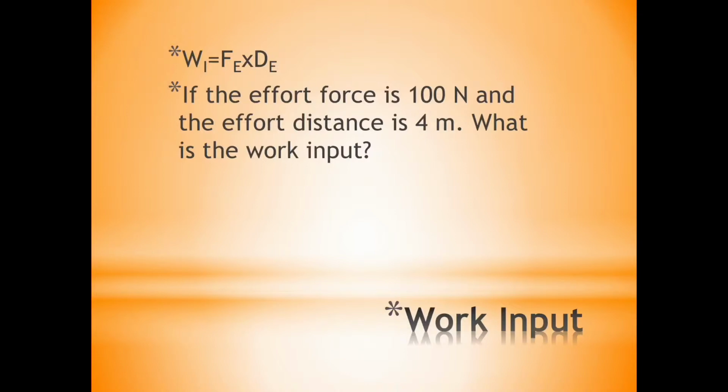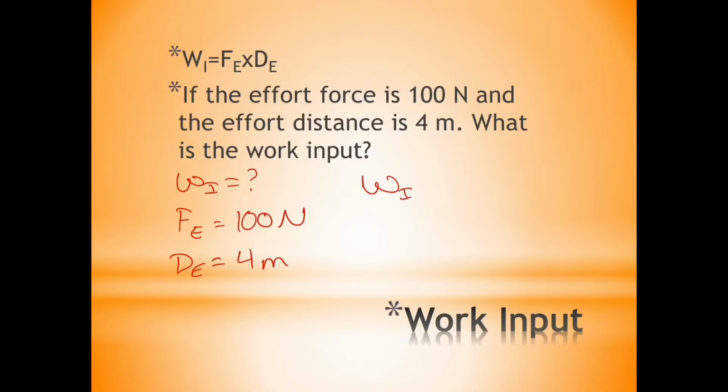So let's try this problem here. If the effort force is 100 newtons and the effort distance is 4 meters, what is work input? So we're looking for work input. It said our effort force was 100 newtons and our effort distance was 4 meters. So if we plug that into our equation, it's going to look just like this.